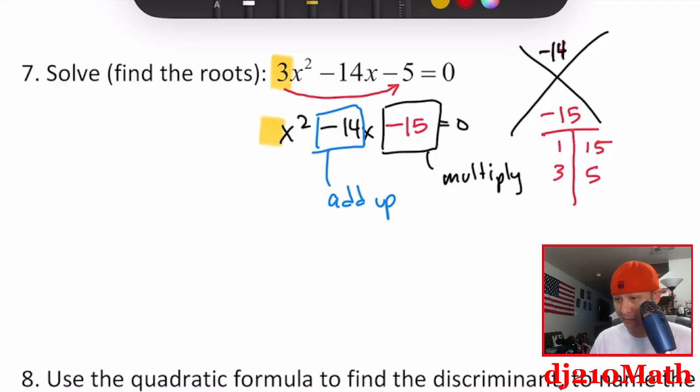So one of them needs to be negative. Well, is it the 1, the 15, the 3? Like, is it the smaller number or is it the larger number? I have to look at what it has to add up to. Since it has to add up to negative 14, the big number needs to be negative. So 1 plus negative 15 does equal negative 14. This is the one that adds up to negative 14.